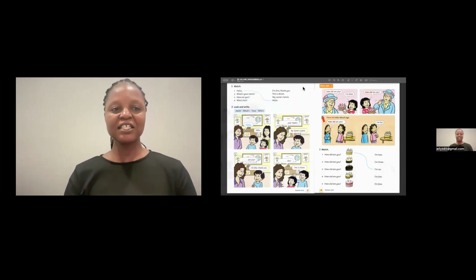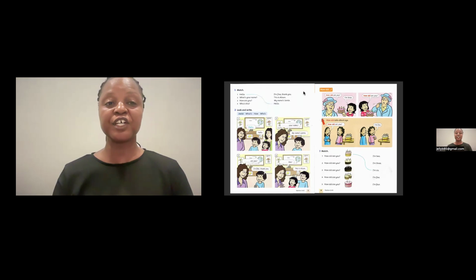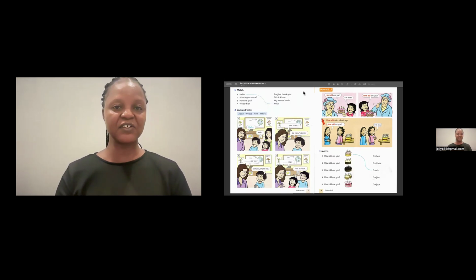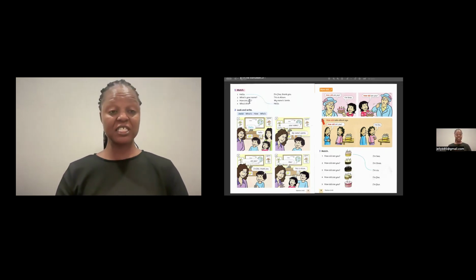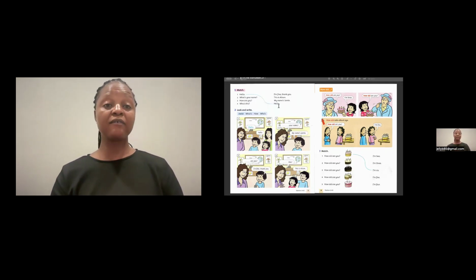Now let us go to our first activity. This is activity 1. For activity 1, we have 4 questions and 4 answers. Now we must match these answers with the correct questions.